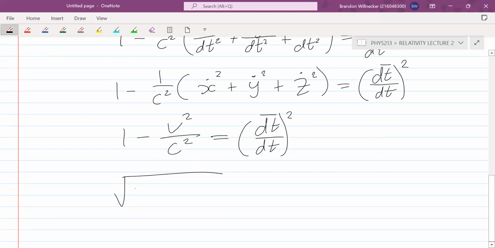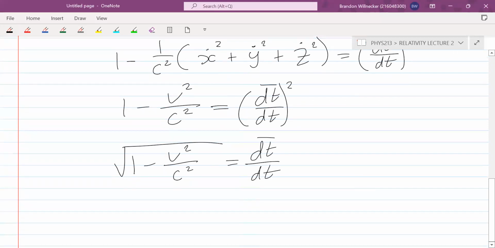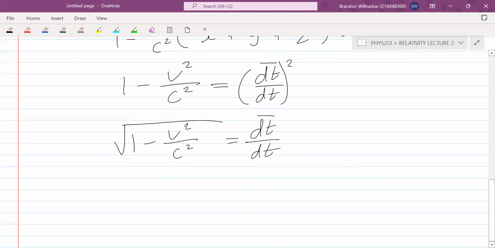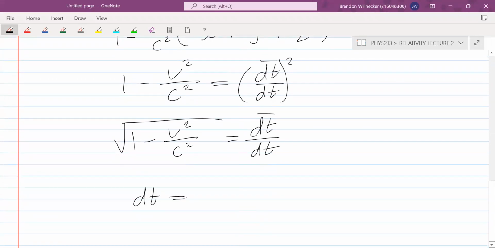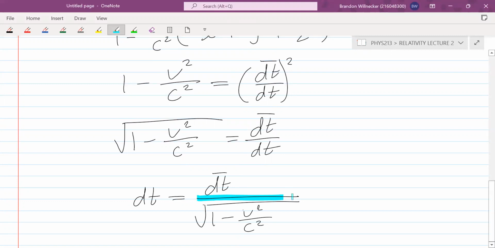So the square root of 1 minus v squared over c squared is equal to dt bar over dt. Good. Now I just want to solve for dt. So we have dt equal to dt bar over the square root of 1 minus v squared over c squared. Now this term here, 1 over the square root of 1 minus v squared over c squared, comes up so much in our calculations.